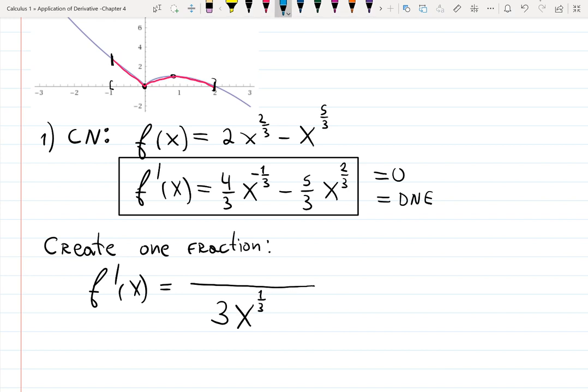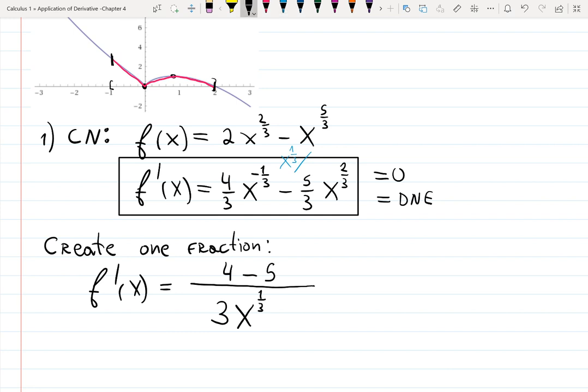Then this is my notation. Since the first term already has 4 over 3x^(1/3), I don't multiply by anything over there, and the top, this part will be just 4 minus. But for the second part, I actually have to multiply by x^(1/3) and see what's going to happen.